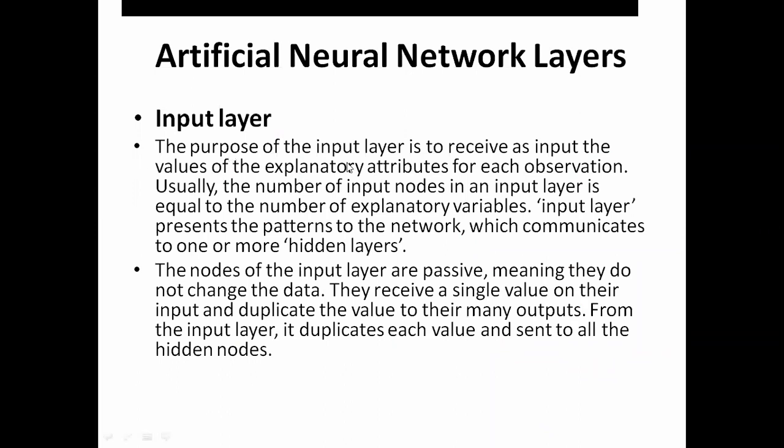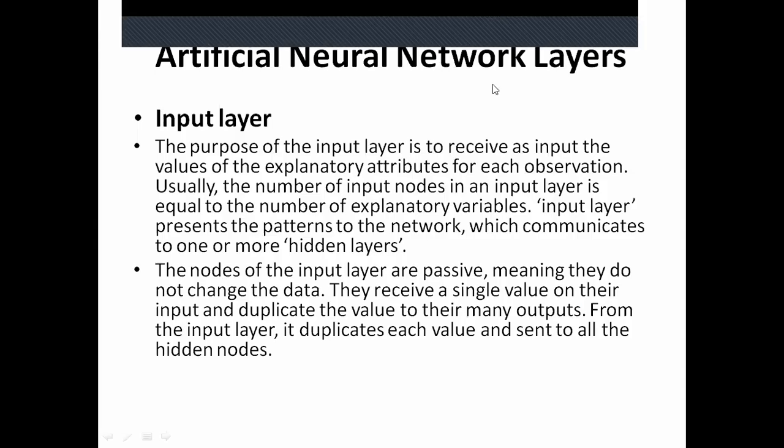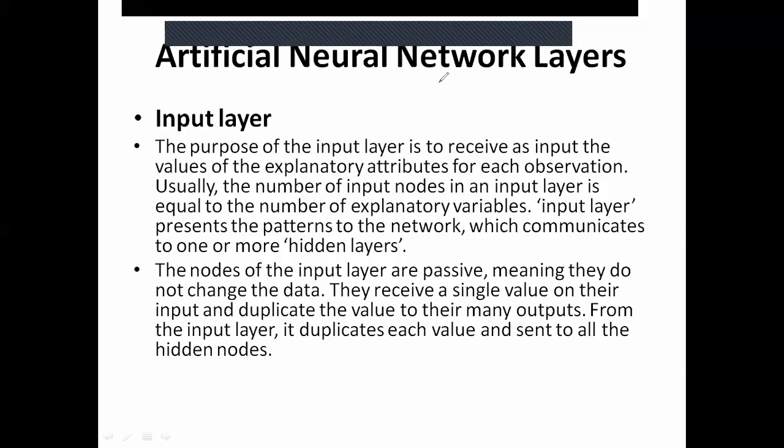Like here I have written, the purpose of the input layer is to receive the input values of the attributes for each observation. For each observation means, suppose you are taking the IRIS database, there were 4 attributes. So it will take these 4 inputs for each observation. Usually the number of input nodes in the input layer is equal to the number of variables. What's the meaning of this now?